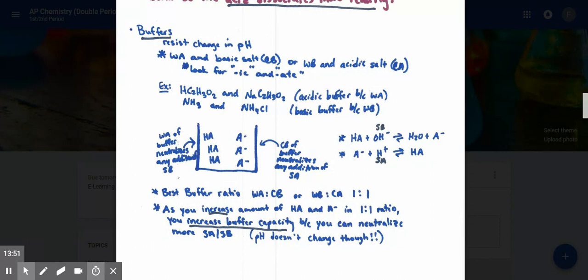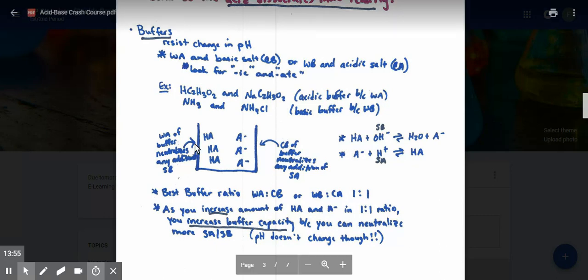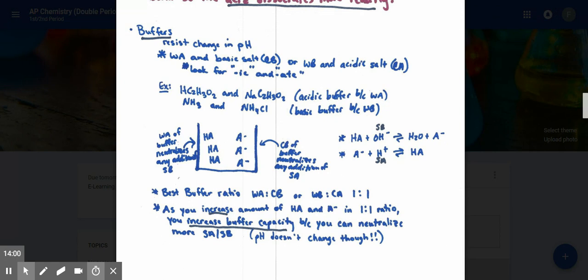The best buffer ratio is a 1-to-1 ratio of weak acid to conjugate base. So you want just as many of these as you have these. Also, you can increase buffer capacity by increasing the amount of HA and A- in a 1-to-1 ratio. So if I have more of that stuff there, then I increase buffer capacity.